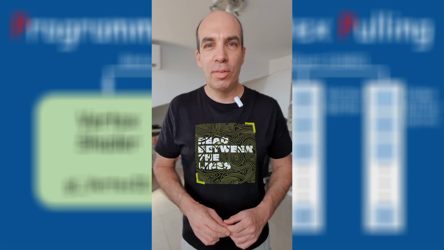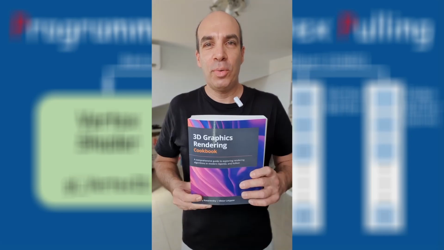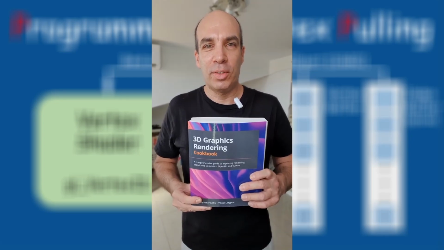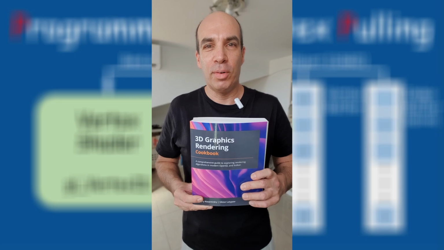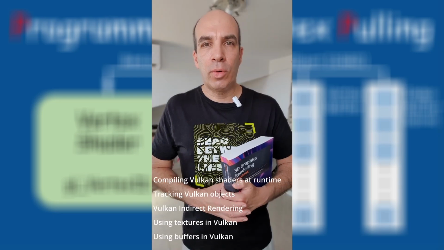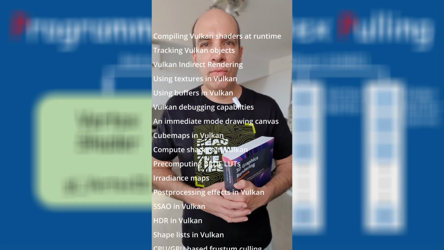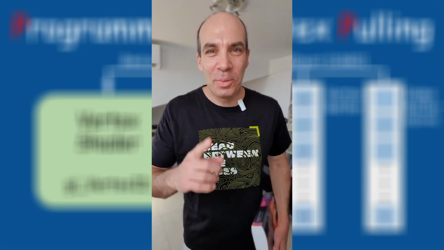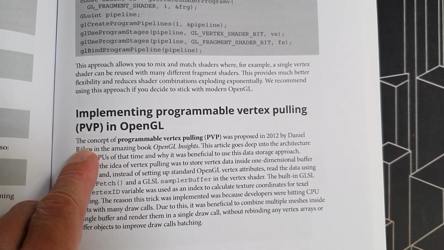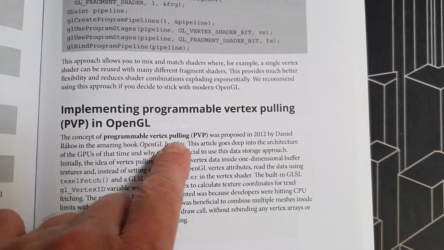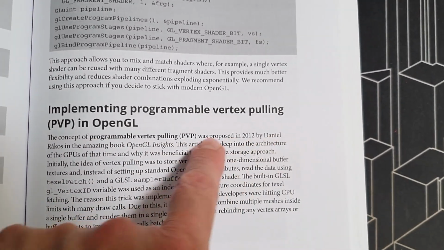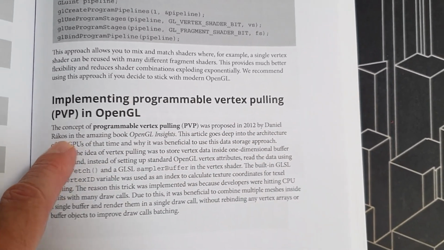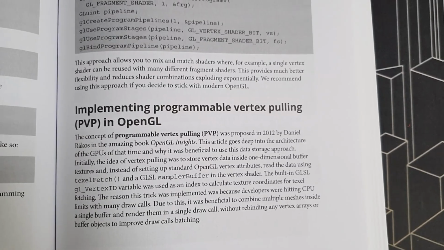I came across this technique as I was studying the 3D Graphics Rendering Cookbook by Sergey Kosarevsky and Viktor Latypov for my Vulkan tutorial series, and I decided to implement it because they say that the technique is used extensively in this book. They also said that their implementation is actually based on a 2012 article by Daniel Rákos in the OpenGL Insights.